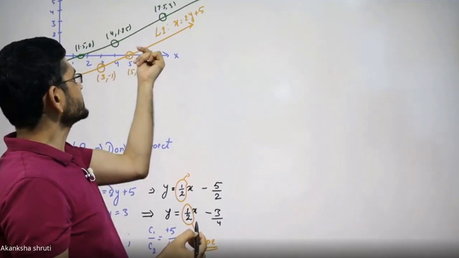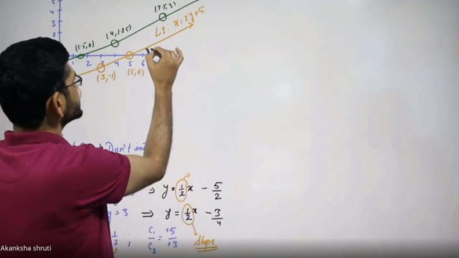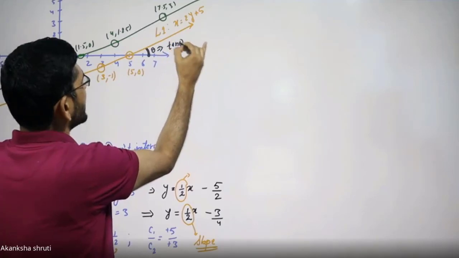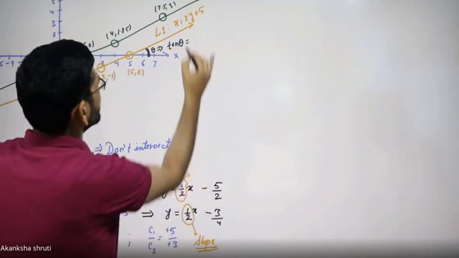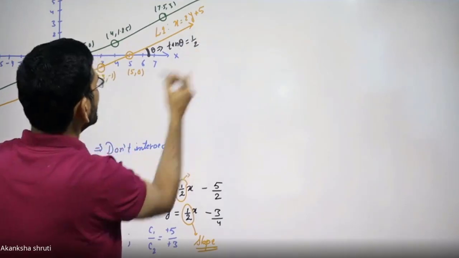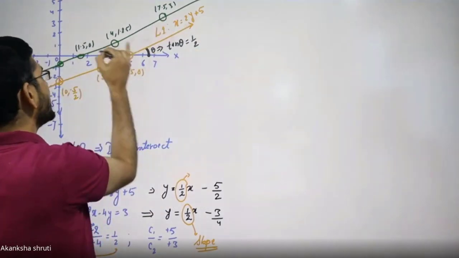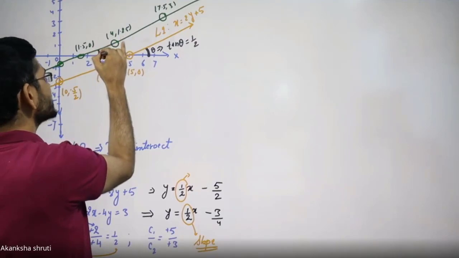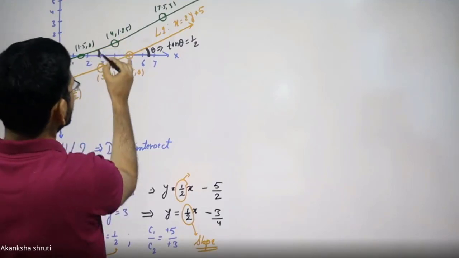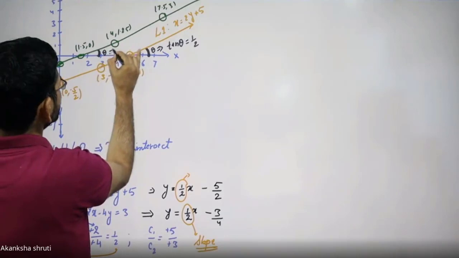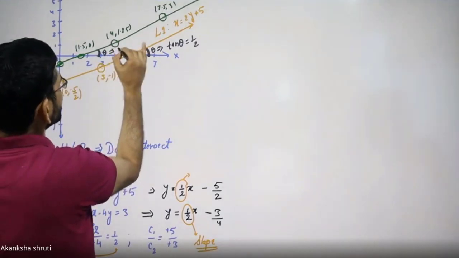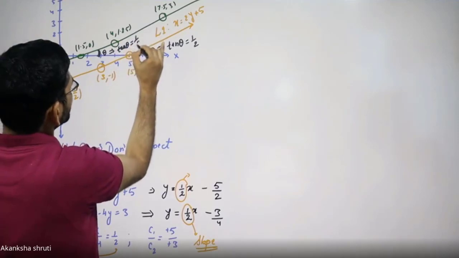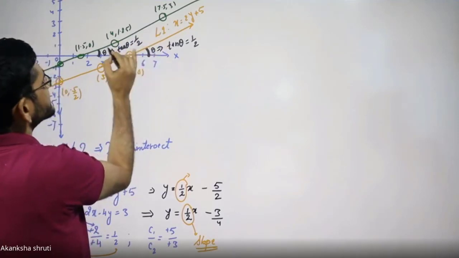Otherwise, the tan of this angle theta is giving this value 1 by 2. Also, for the second line with the x-axis, whatever this angle, their tan theta value is also 1 by 2. Means the two angles will be the same.